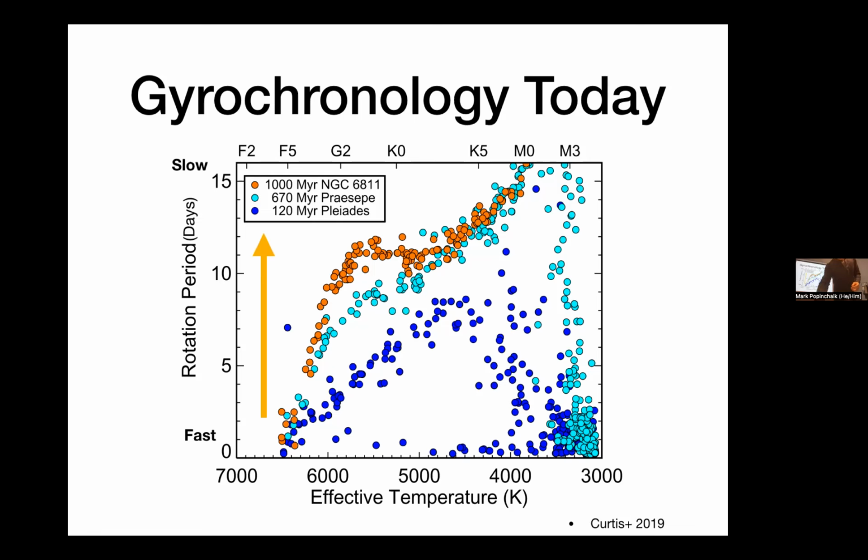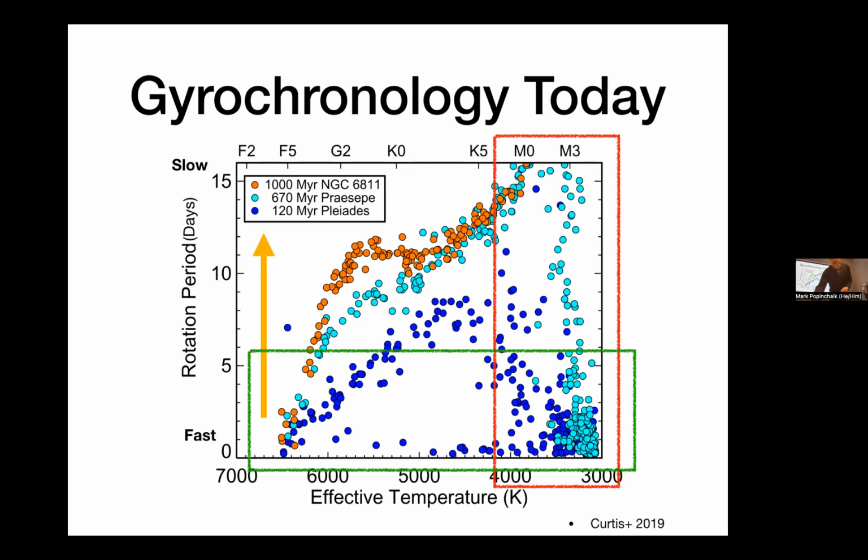One thing you might be noticing is that in the M-dwarf regime over here, things aren't stacking quite nicely. There's this big reservoir of rapidly rotating M's, and certainly the mid to late M's, and we'll talk a lot about that, as well as this waterfall effect. And something else that we're not really talking about is what's going on in the ages younger than 120 million years.